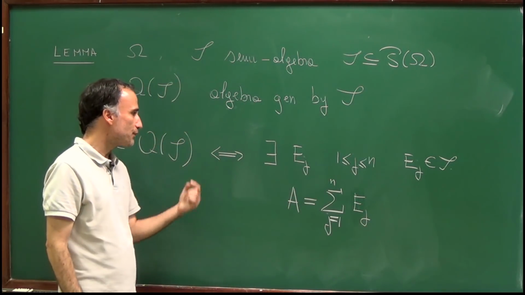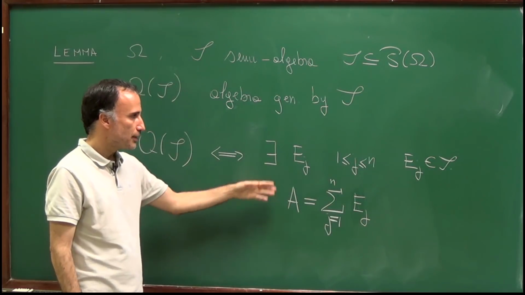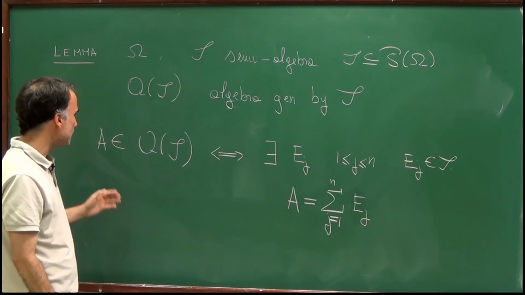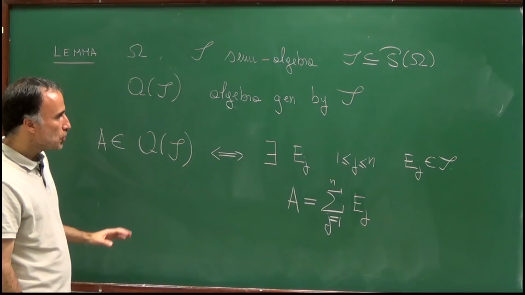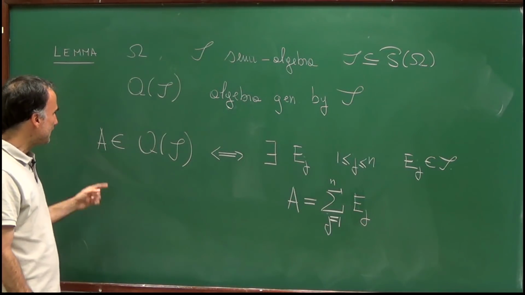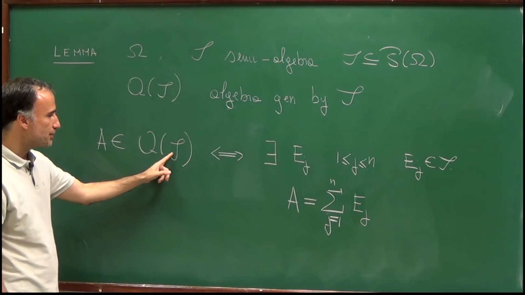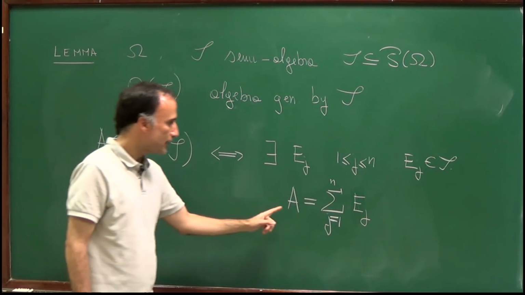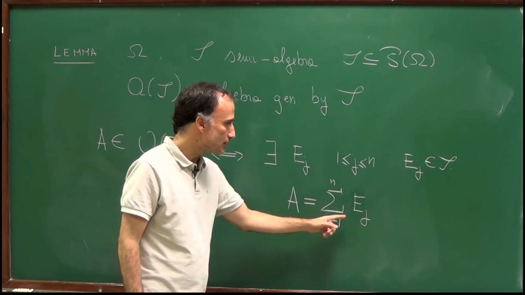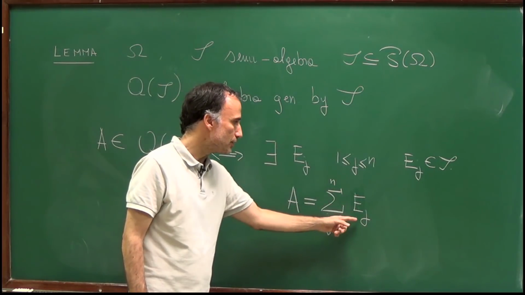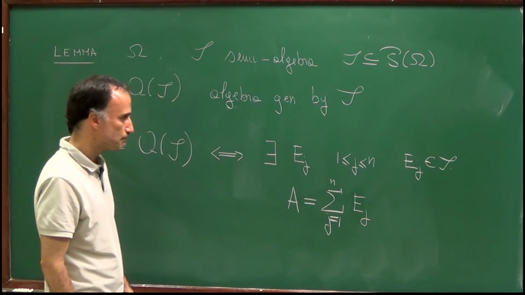So the reverse statement is a triviality. This is telling us that an element of the algebra generated by a semi-algebra can always be written as a finite disjoint union of elements of the semi-algebra.